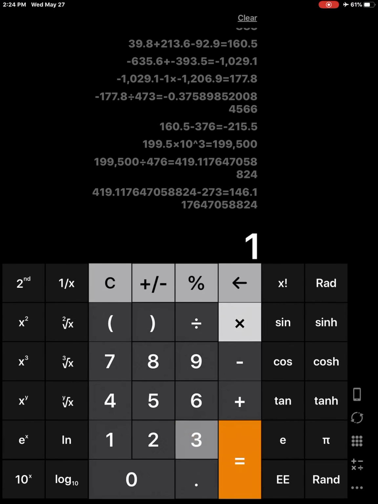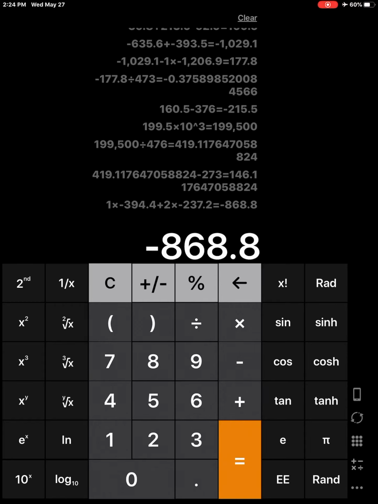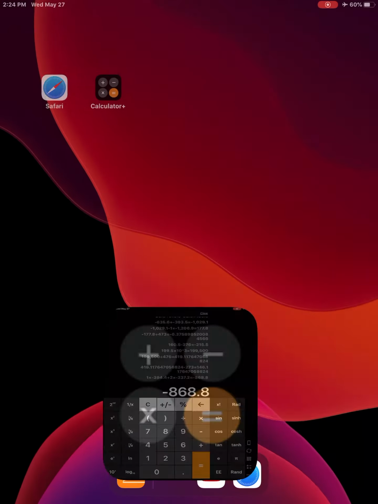So 1 times negative 394.4 plus 2 times negative 237.2, and you get negative 868.8.